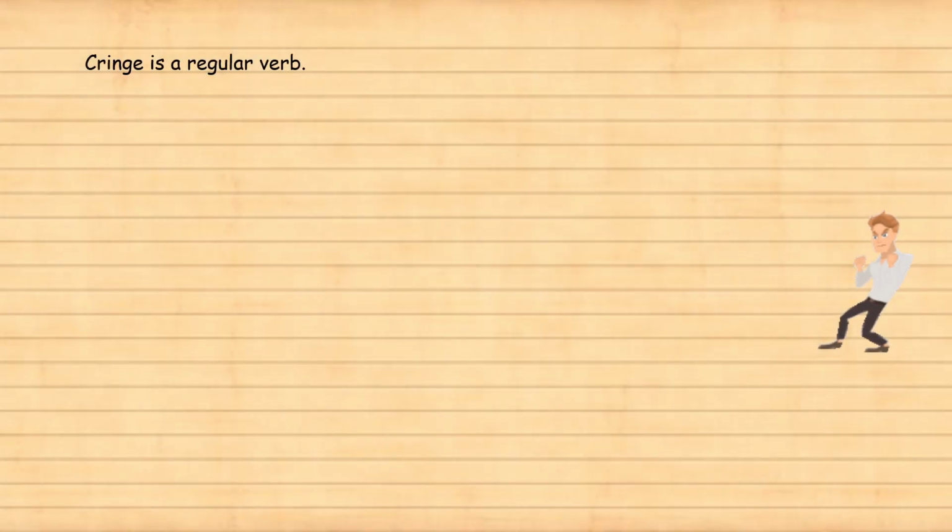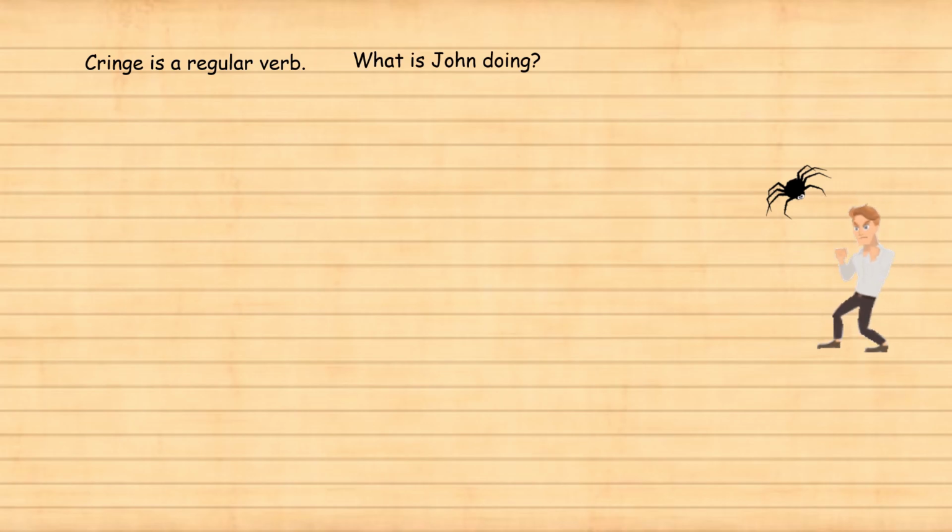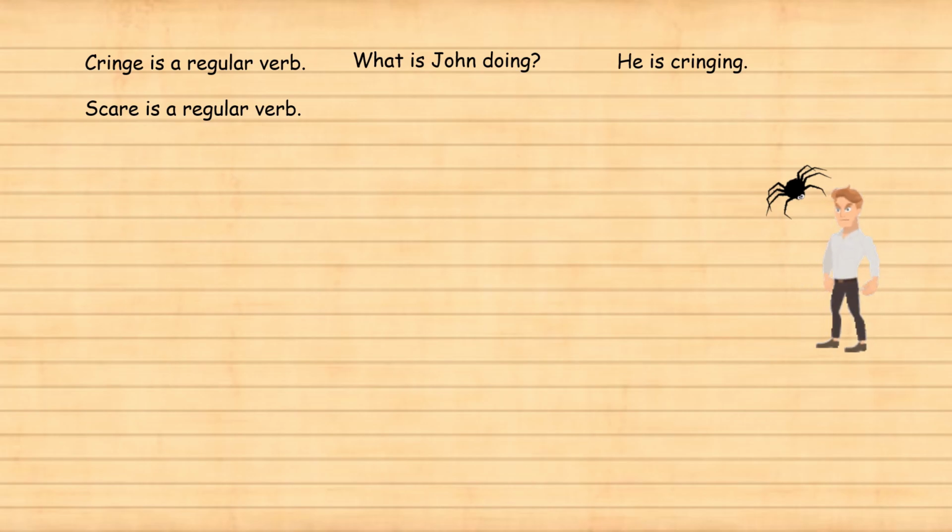Cringe is a regular verb. What is John doing? He is cringing. Scare is a regular verb. What is the spider doing? The spider is scaring John.